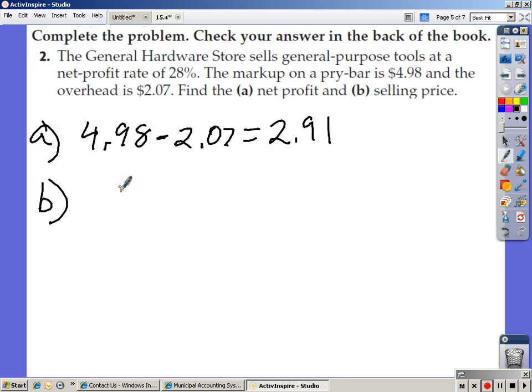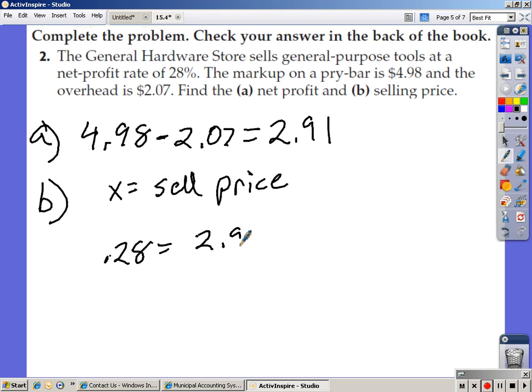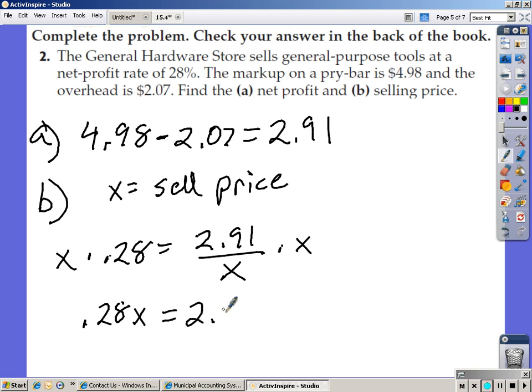Part B, okay, wants us to find our selling price. We're going to let X equal the selling price. Okay, my net profit rate is 28%, so 0.28 equals my net profit divided by my selling price. Okay, multiply both sides by X. 0.28X equals 2.91.